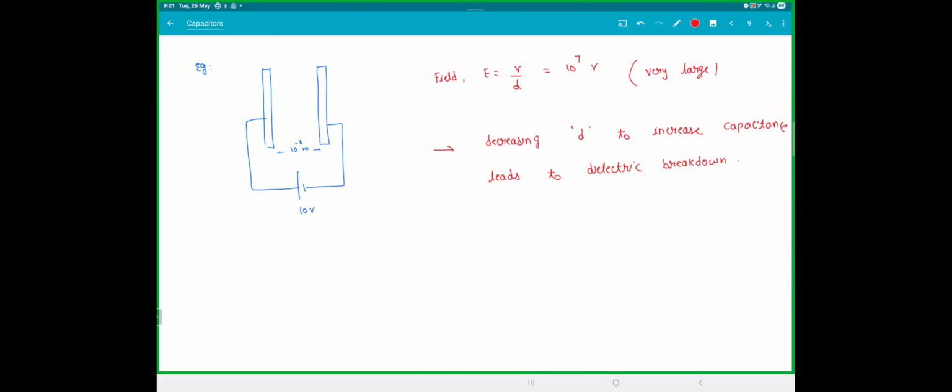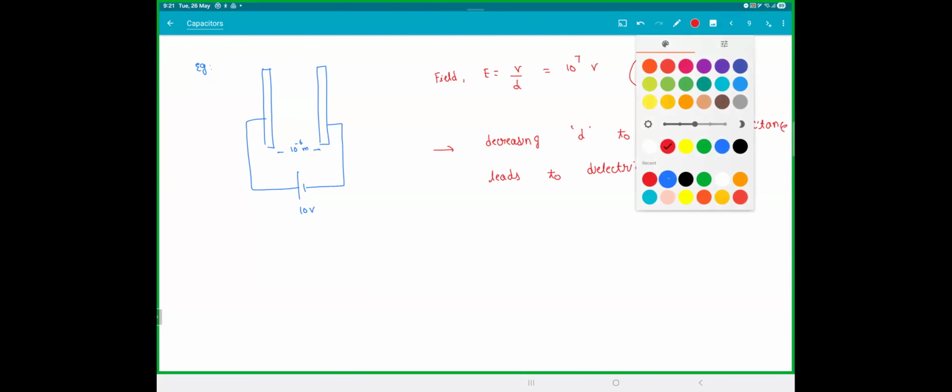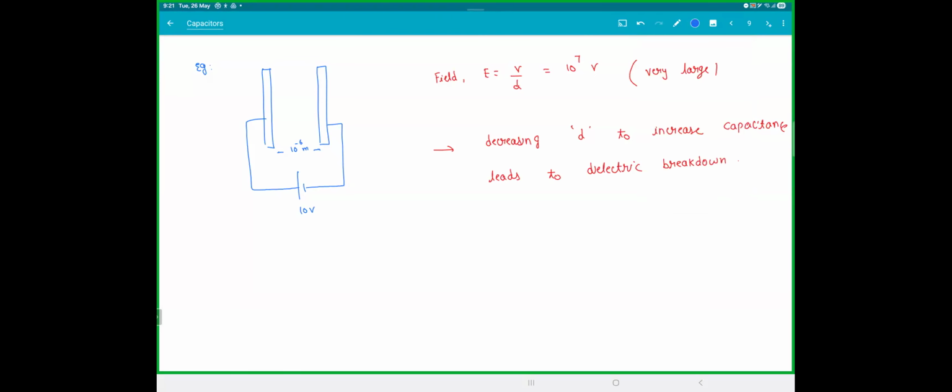So the dielectric breakdown and dielectric strength. Dielectric strength tells you about how much field you require to make the material conducting.